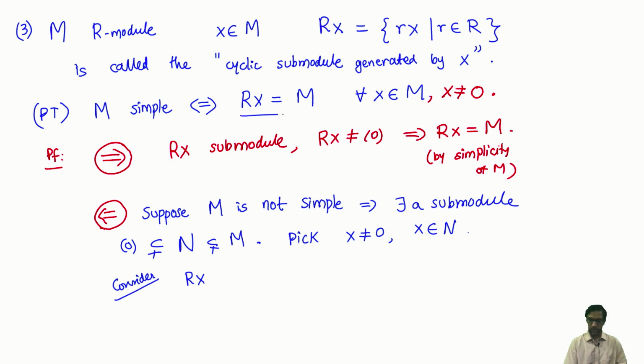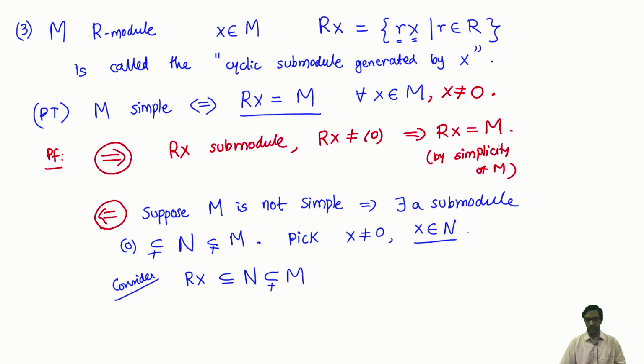Every cyclic submodule is supposed to be the whole module M. But since X comes from N and N is a submodule, if I multiply X by any scalar, the answer is again in N. So observe, because X is in N and N is a submodule, Rx is a subset of N. But N is not the whole space.